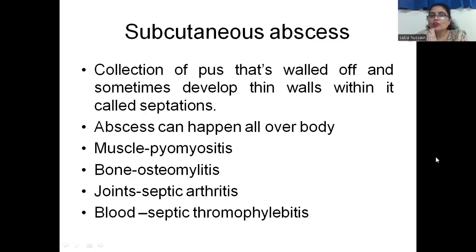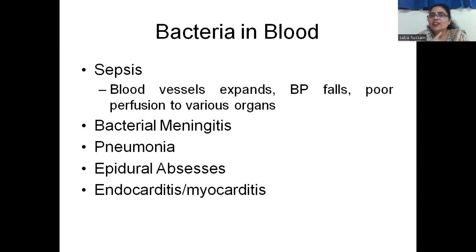This can happen all over the body, and if it's happening in the muscle, then it is called pyomyositis. If in the bone, then osteomyelitis, in a joint, septic arthritis, in blood, septic thrombophlebitis. So you can see Staphylococcus can cause all these kinds of infections, but the characteristic feature will be subcutaneous abscess in these cases.